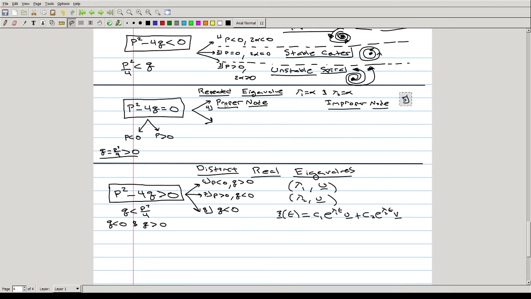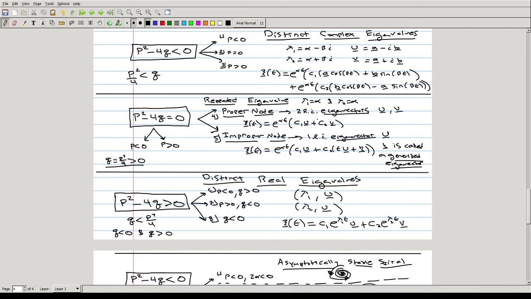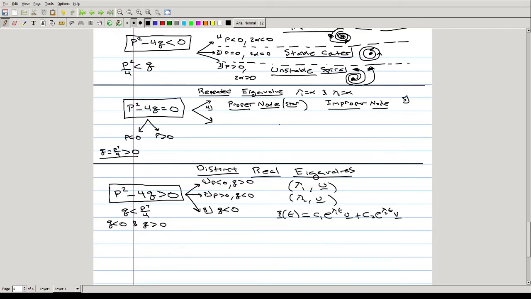A proper node, or a star-shaped node as it's sometimes called, has this solution form right here, e to the alpha t times c1 u plus c2 v, the solution of which will always point along a direction that's decreasing if alpha is negative and increasing if alpha is positive. So we'll always be going linearly into the equilibrium point.